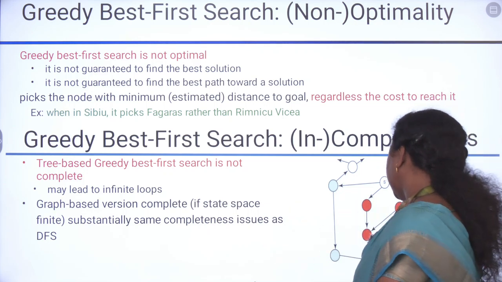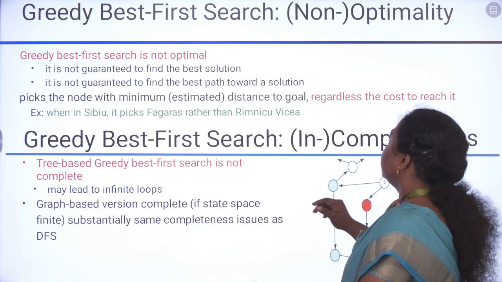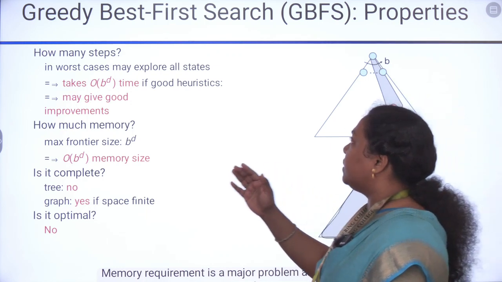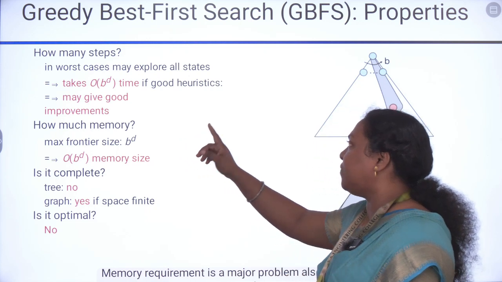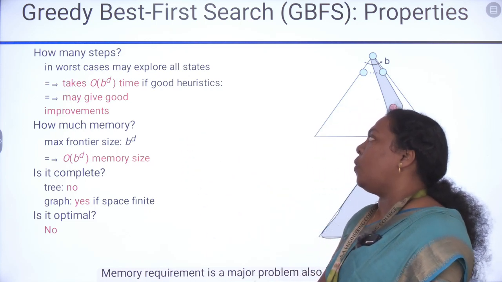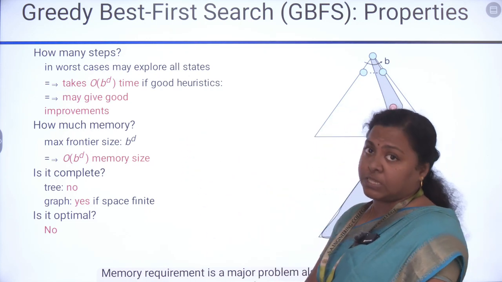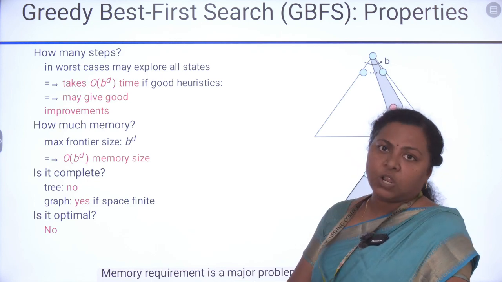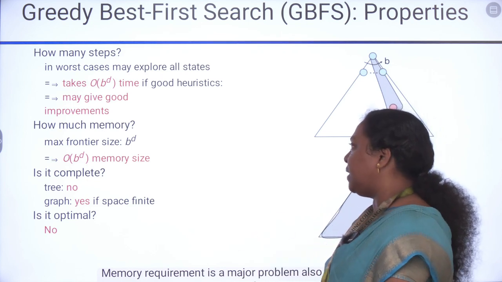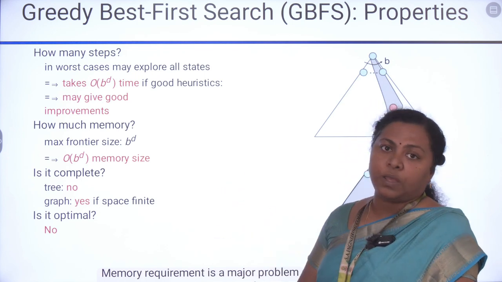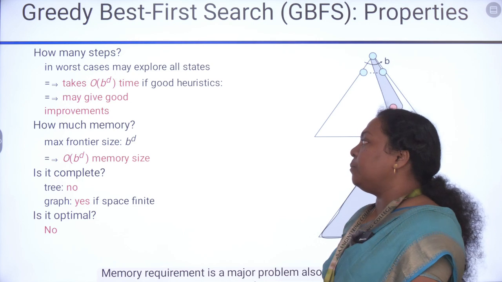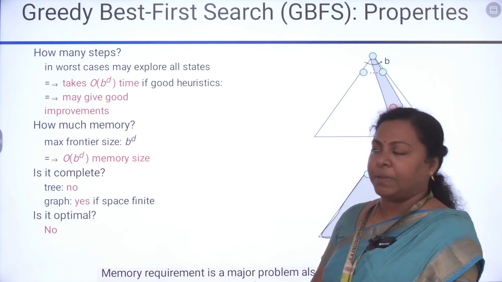Properties of the greedy best first search: the steps, how many steps are used in the worst case. It takes O of b to the power d if it is a good heuristic. If it is not, then we need some good improvement procedures for that. And the memory that is required is O of b to the power d because the frontier size is b to the power d.